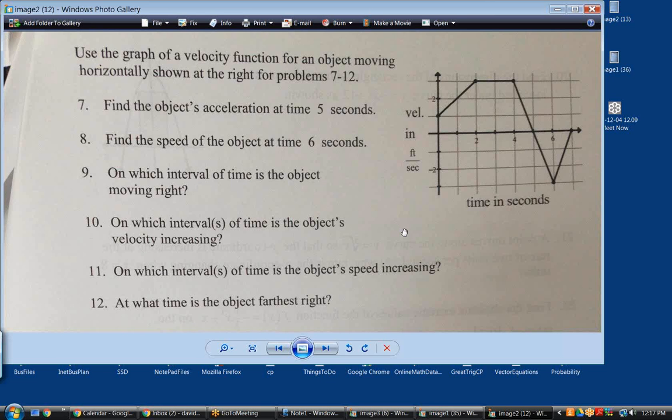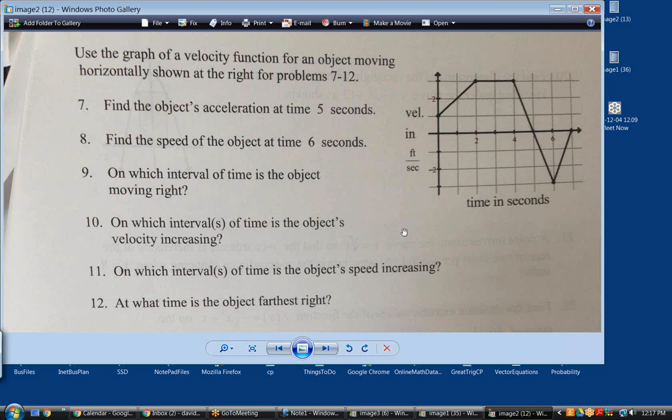Okay, so this is the graph of velocity, right? Mm-hmm. Acceleration is the first derivative of this graph. So look over at 5 seconds. What's the slope of this graph at 5 seconds? Is it -3?